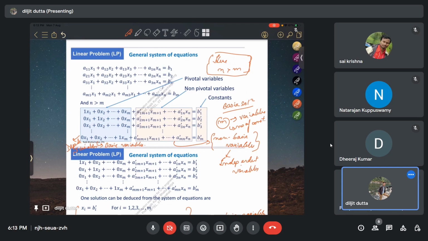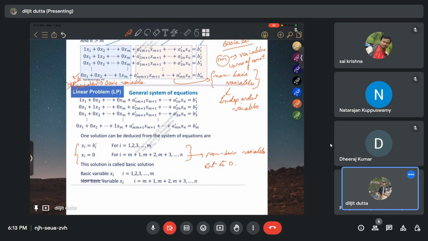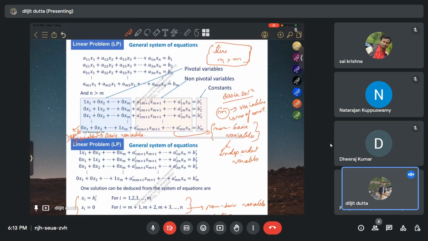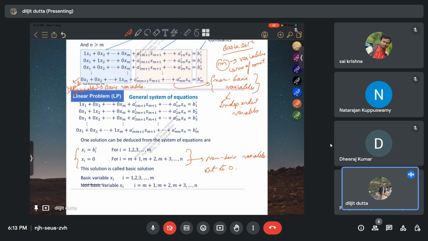In this way, we will get a diagonal matrix. So this is how we do the problem when the number of variables is greater than the number of constraints.